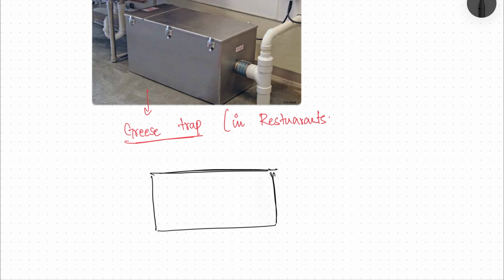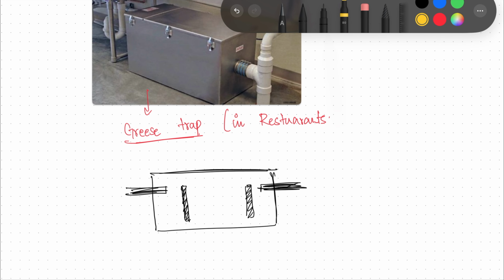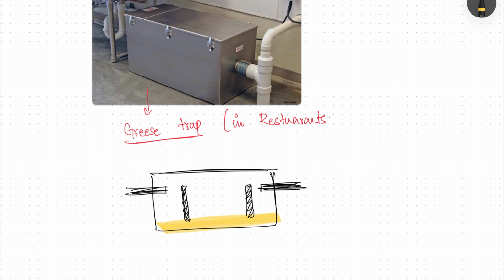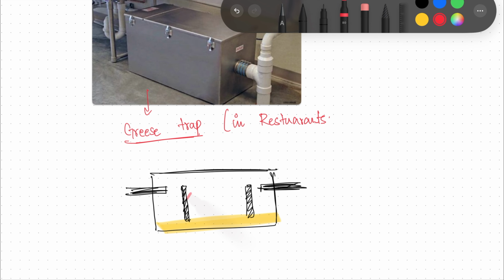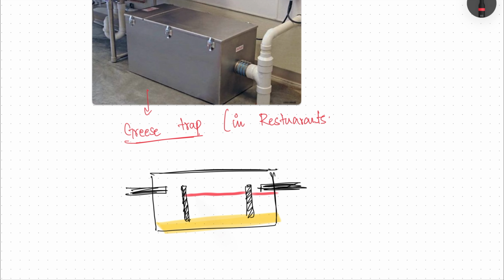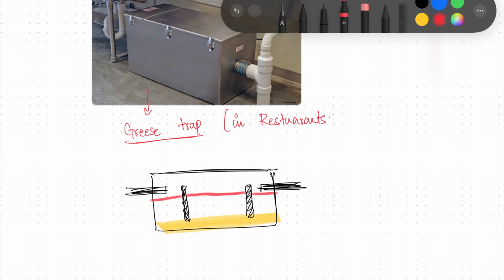You have your inlet, you have your outlet, you also have the partition, which is called the baffle wall here, and the solids settle on the bottom, while the oil and other grease float on the top. So this is your grease trap.